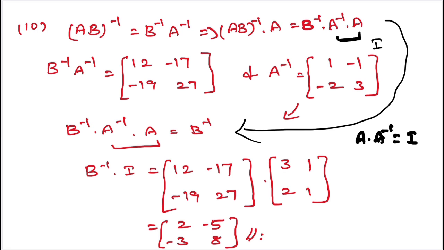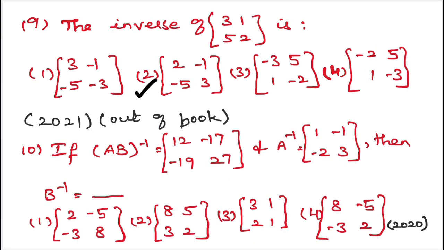So we get B inverse is equal to 2, minus 5, minus 3, 8 is your answer. So therefore option 1 is your answer.